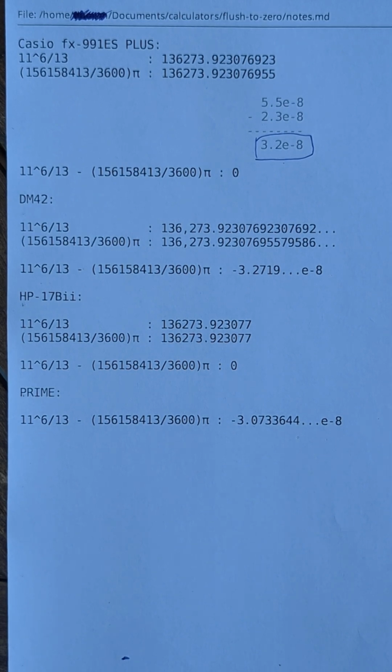It thinks, oh, it's close enough to this fraction of pi, and it lies to you about lots of little things, like when you get slight differences in a subtraction, and I don't really like that.